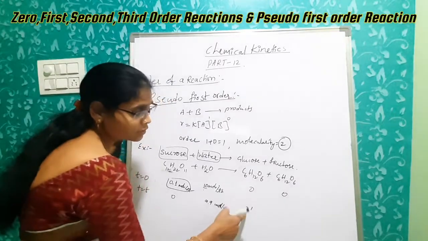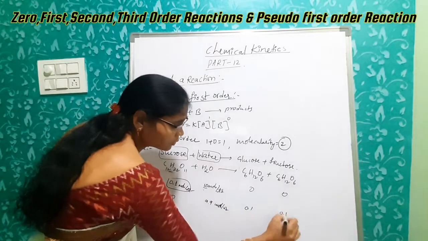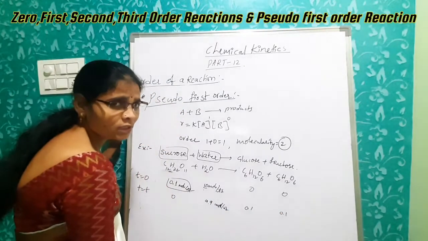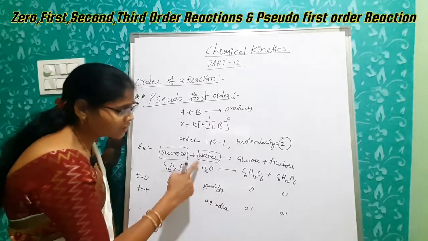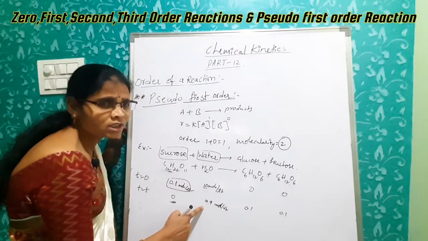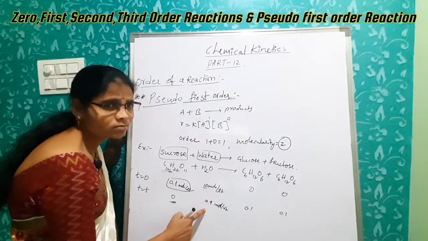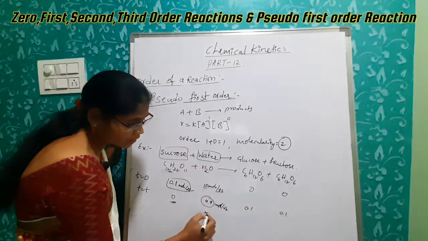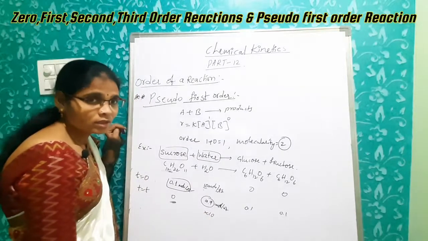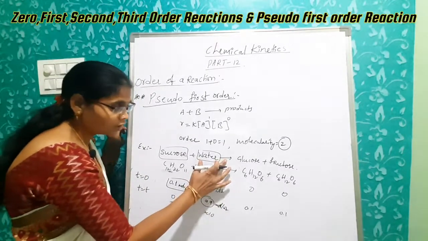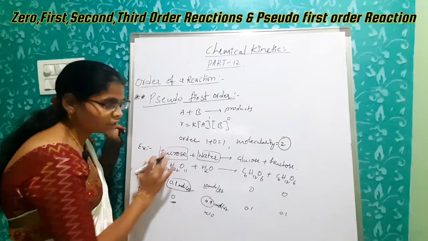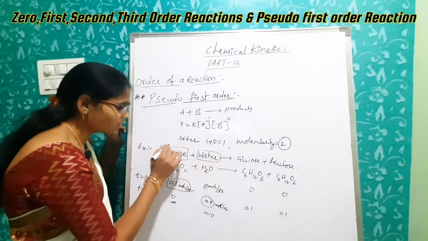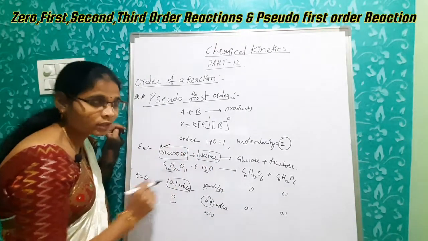0.1 moles per liter of glucose is formed. 0.1 moles per liter of fructose is formed. The change in the concentration of water is almost negligible, because 9.9 is approximately taken as 10. So the speed of the reaction depends on the concentration of sucrose only, but not on water.